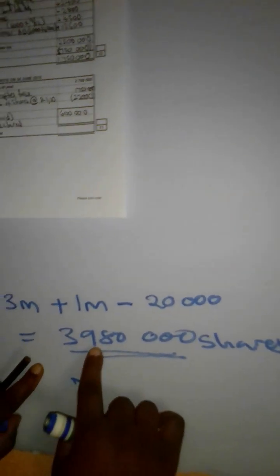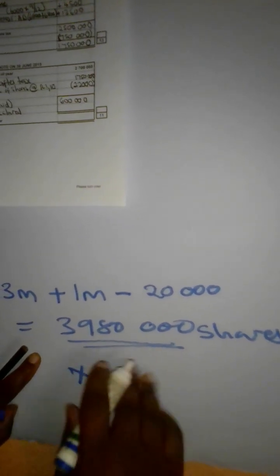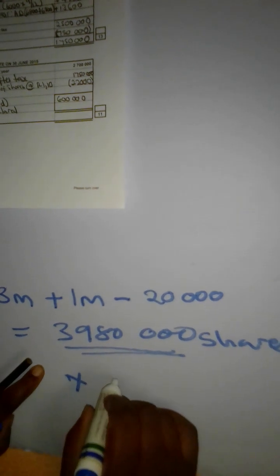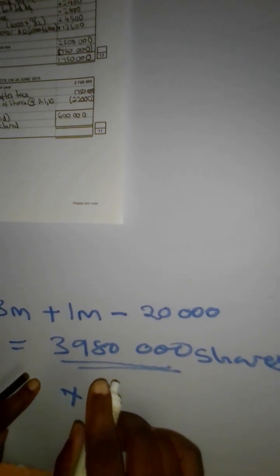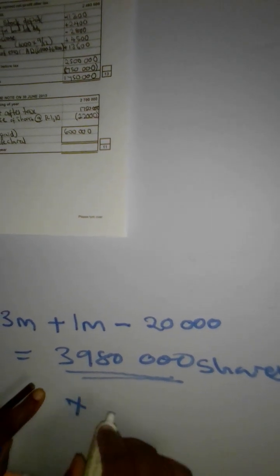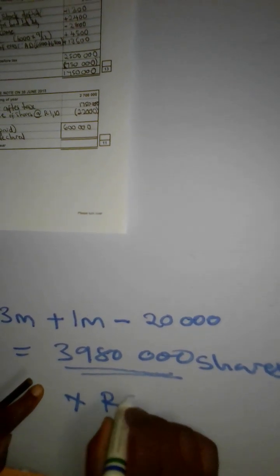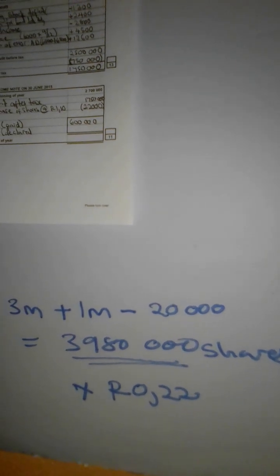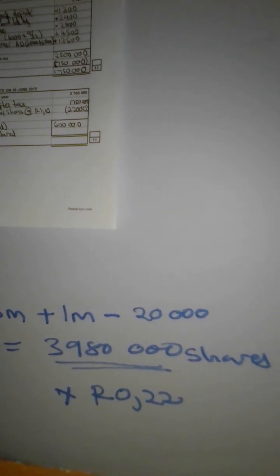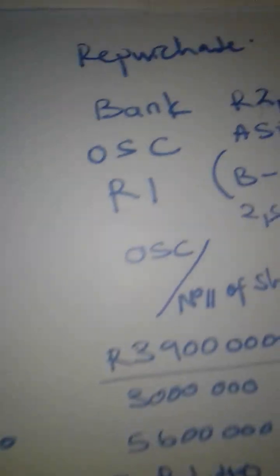So we are going to multiply 3,980,000 by the final dividend that was given there. It is 22 cents per share. So when you multiply 3,980,000 times 22 cents, we are going to get something like 875,600.